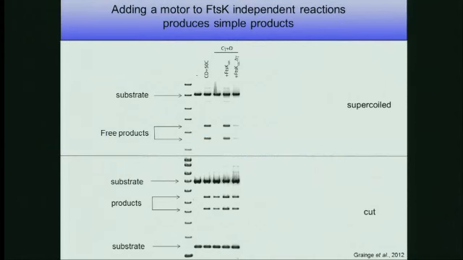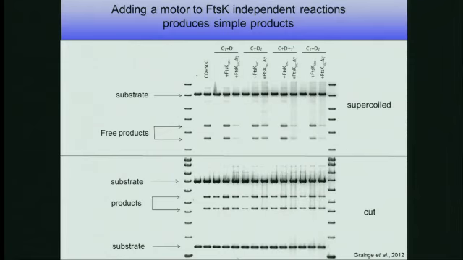If you have just the motor without the gamma domain, you get a bit of free product, but a lot of catenated product. So it seems that it's not just translocation activity, it's translocation activity of a motor which has gamma attached to it that's important. And that's a bit hard to imagine why. And you can do this with all the other various combinations, and it gives you the same results.